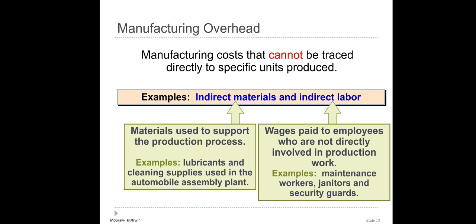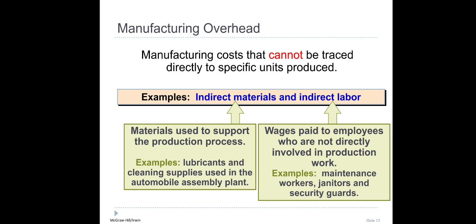So the third manufacturing cost is called manufacturing overhead cost. Manufacturing overhead costs are manufacturing costs that cannot be traced directly to specific units of product.